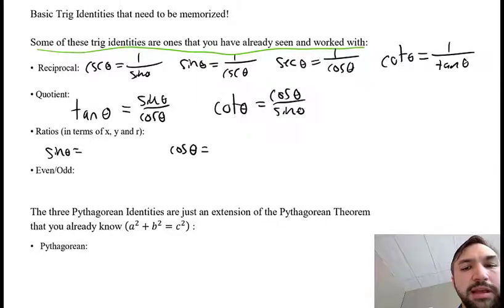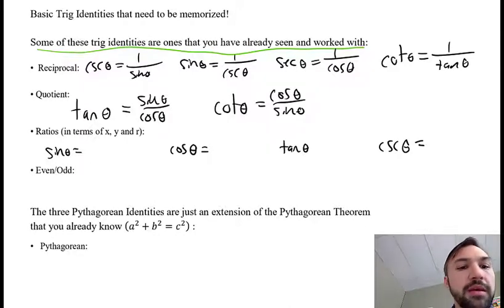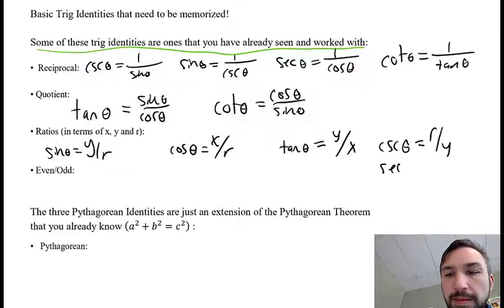So you may want to go back and watch those 4.2 notes again if you want to know where these come from. But let's see, sine was y over r, cosine was x over r, tangent was y over x. So I could flip this one for cosecant, flip that one for secant, and flip this one for cotangent.